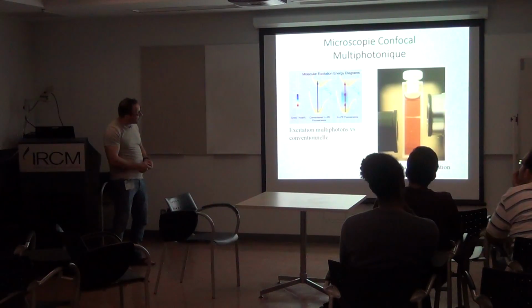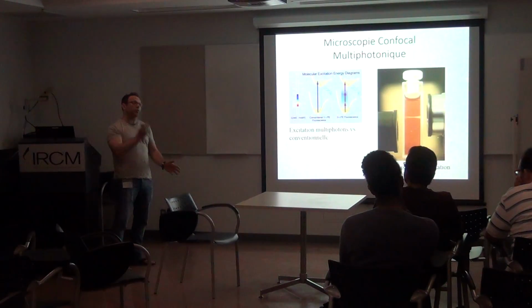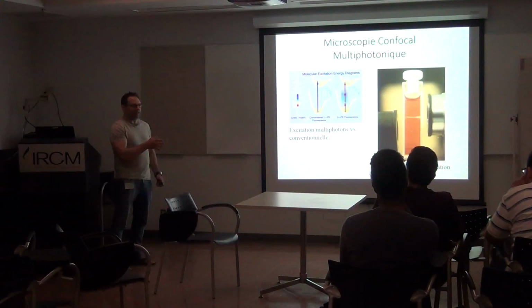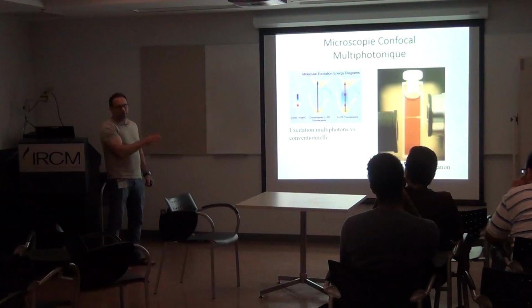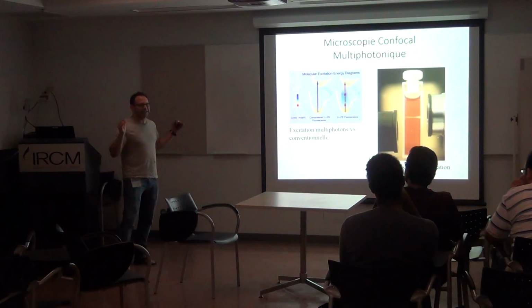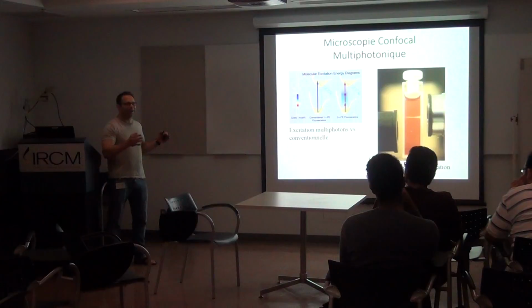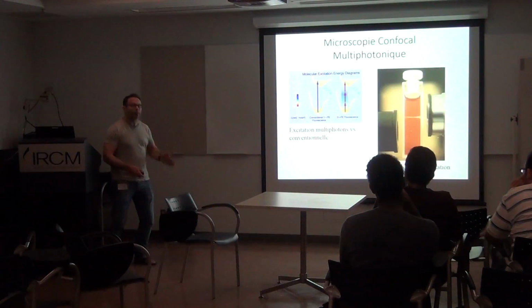So in multi-photon microscopy, you actually need a pulsed laser, because you need to shoot so many photons that if you have a continuous laser, which shoots photons all the time, that can produce multi-photon absorption, you're going to kill everyone with it. It's too much power if it's not a pulsed laser.